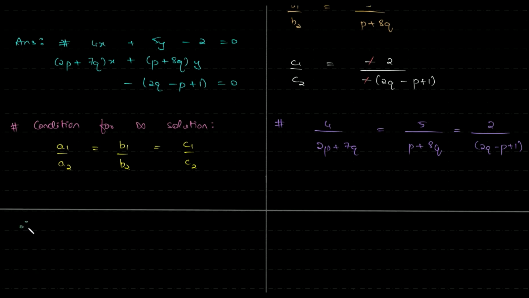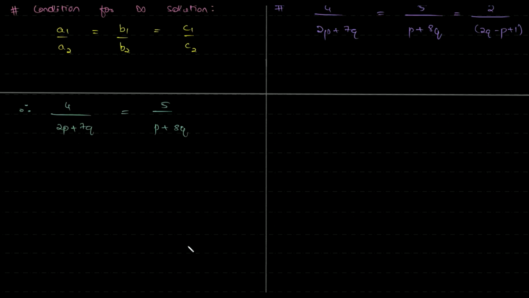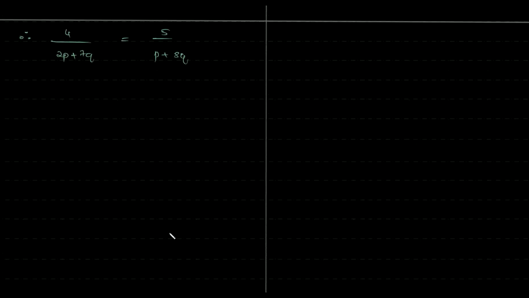Therefore 4 times (2p plus 7q) should be equal to 5 times (p plus 8q). So we need an equation. For that we can cross multiply. So all we have to do is 4 times (p plus 8q) is equal to 5 times (2p plus 7q).